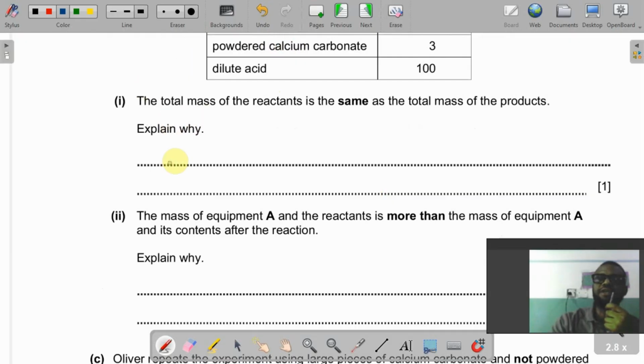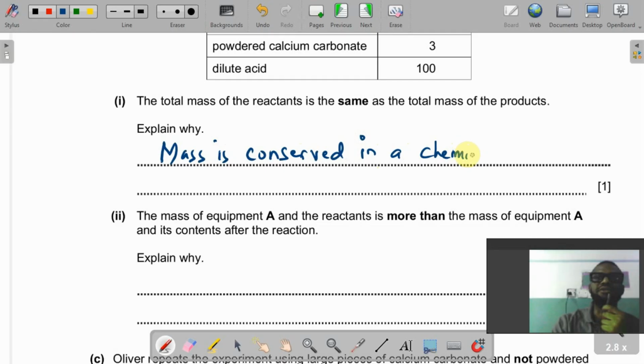In a chemical reaction, mass is always conserved. So in every chemical reaction, the mass of the products is always equal to the mass of the reactants.